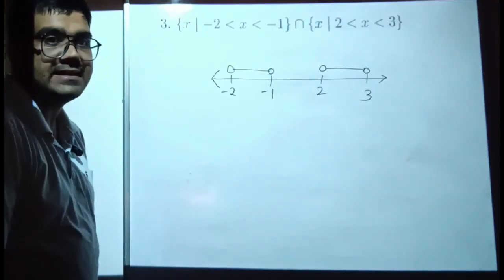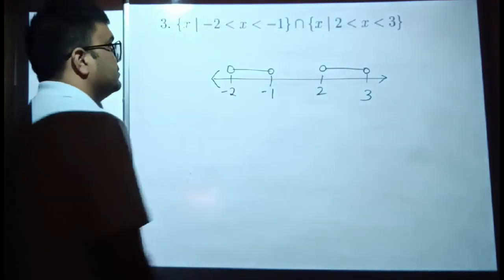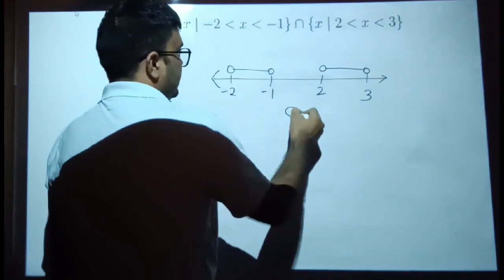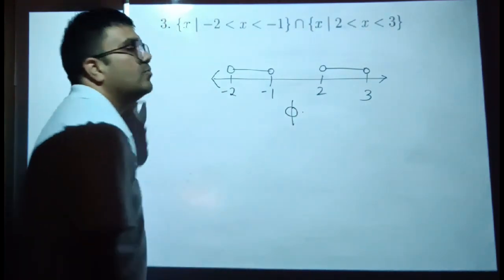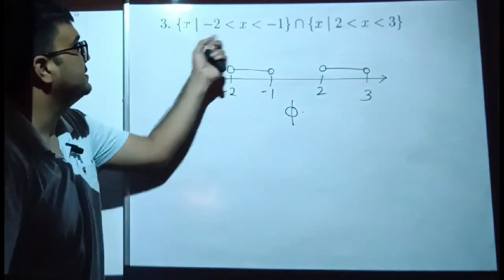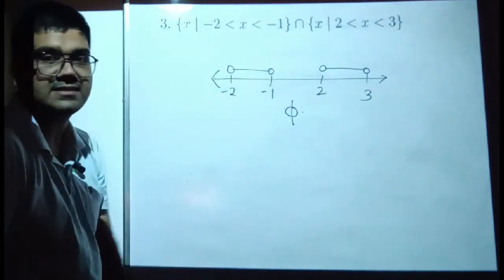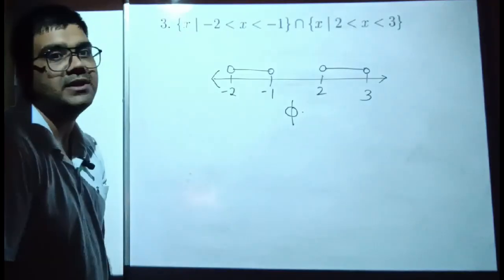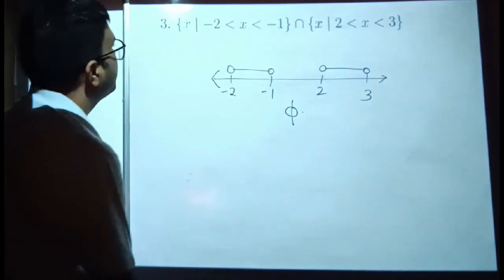So is there anything common in between these two? There is nothing common in between these two intervals. So we are saying that the answer of this intersection is phi, the empty set. There is nothing common in between these two.